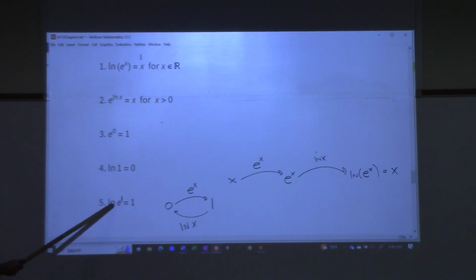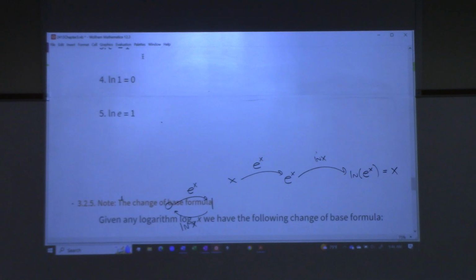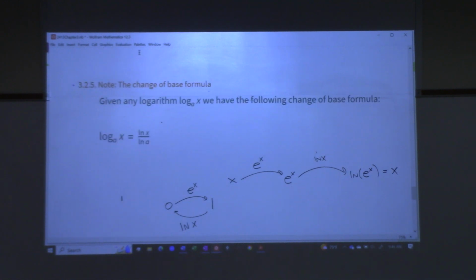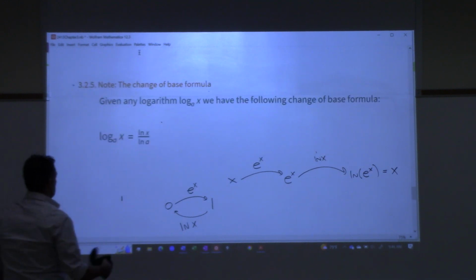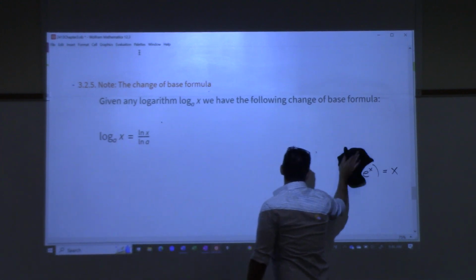And so you get natural log of e to the 1 is 1. So 5 is just number 1 at a specific value of 1. There's one more thing, and then we're going to start doing calculus. There is this formula called the change of base formula.